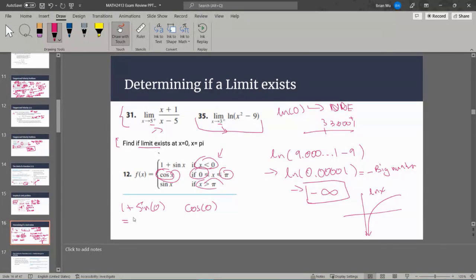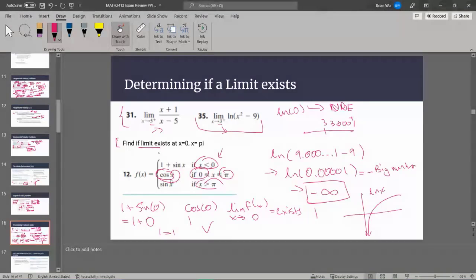So let's see. 1 plus sine of 0 is 1, and cosine of 0 is 1. So therefore 1 equals 1. That means the limit for this function as it approaches 0 exists. And in fact, it's 1.